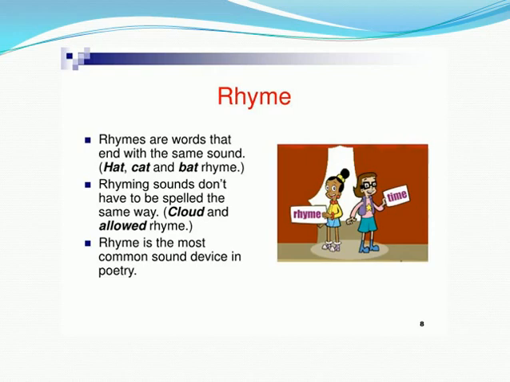The spelling can be different, but the sound can be the same, like cloud and loud. The rhythm in poetry is created through rhyme, which is the repetition of similar sounds.